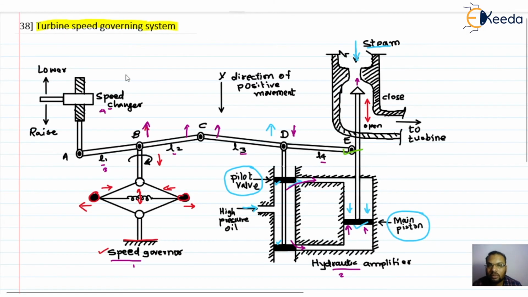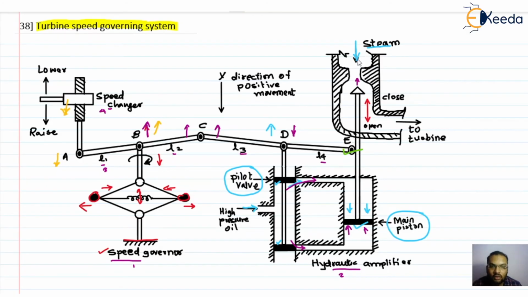When you push it down, point A gets shifted downward, and as it is shifted downward, point B moves upward. We know that as point B moves upward, D also moves upward, allowing high pressure oil to enter here, allowing more steam to pass.